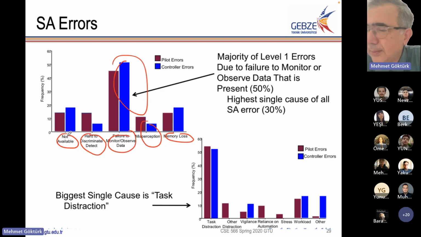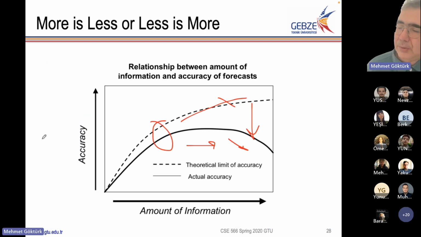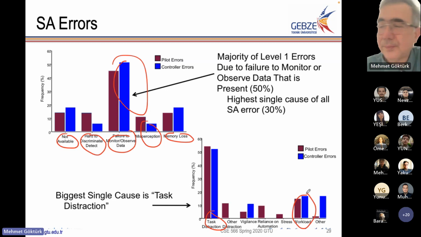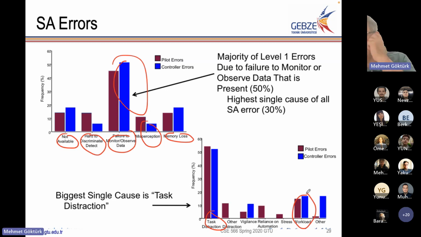In the pilot case, the biggest cause is task distraction, doing something else. Others are not that important. One important thing is also the workload. Also, in pilots, reliance on automation is a cause of problems. If everything is automatic and you leave it to automation and automation fails, then you also fail.